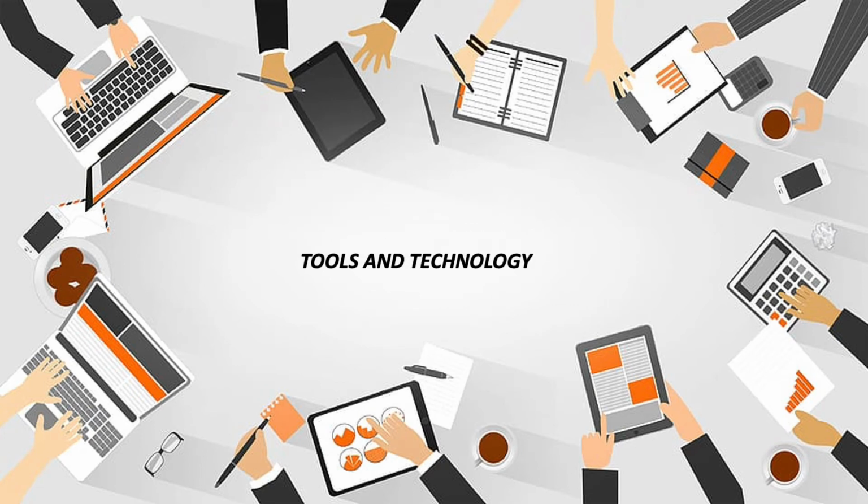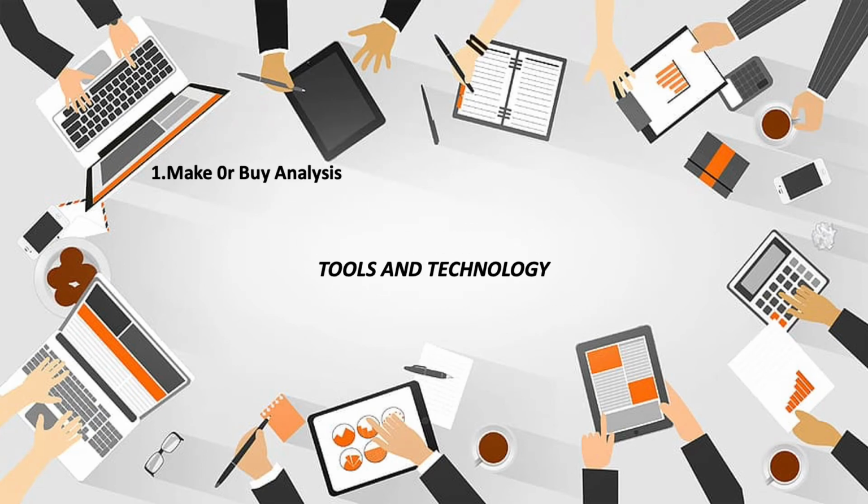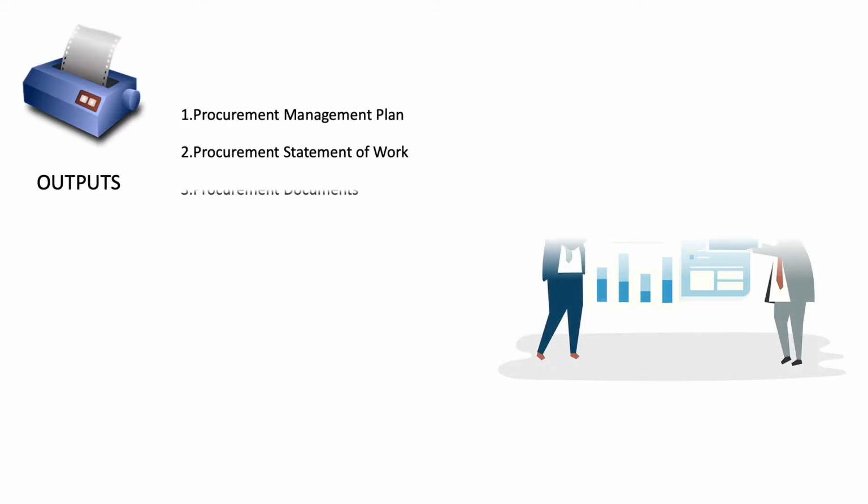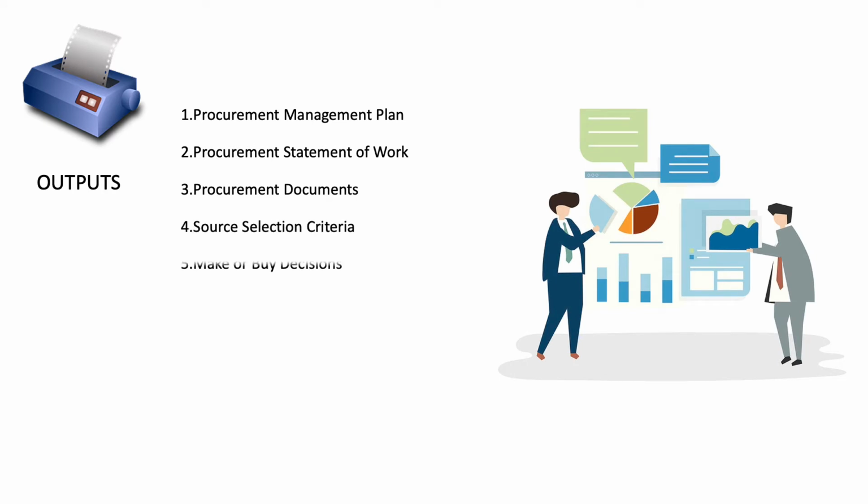Tools and technology consist of make or buy analysis, expert judgment, market research, and meetings. Output consists of procurement management plan, procurement statement of work, procurement documents, source selection criteria, make or buy decision, change request, project documents updates.